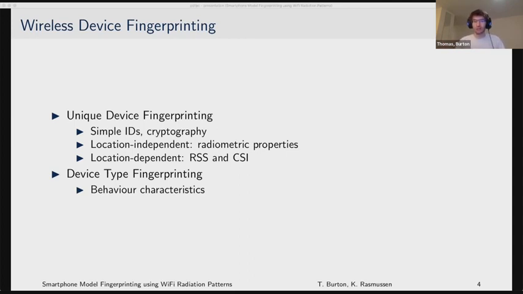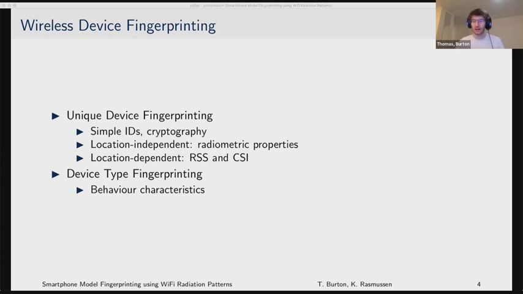So we can use several different techniques for that. So we can use transient-based techniques, modulation-based techniques, and spectral-based techniques. And these generally have a very high accuracy, but are quite difficult to deploy because you need very specialist hardware in order to measure kind of very fundamental properties of the wave signal. It's not ideal if you're trying to add identification to an already existing network, for example.